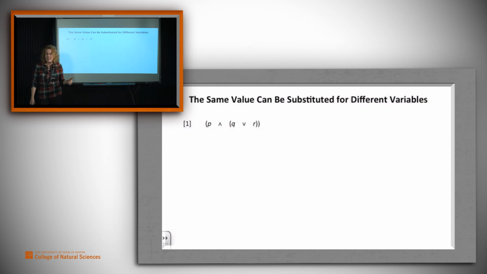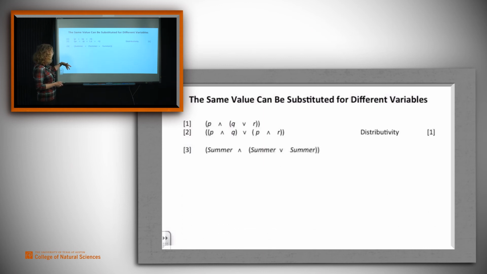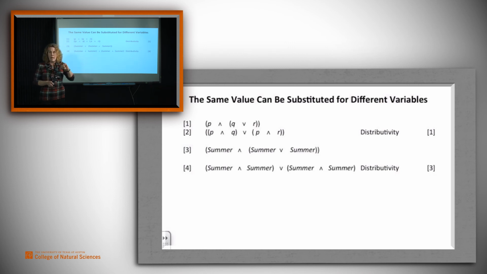There's one other thing we can say about this. While you cannot take the same variable and substitute different values, you can substitute the same value for different variables. Remember, the only thing that matters is you're consistent. So again, starting with our expression and using distributivity as we've stated it, could I, for example, if you give me the expression summer and (summer or summer), pretty silly, but maybe it got derived from something, the distributivity rule says that I ought to be able to rewrite that in this form.